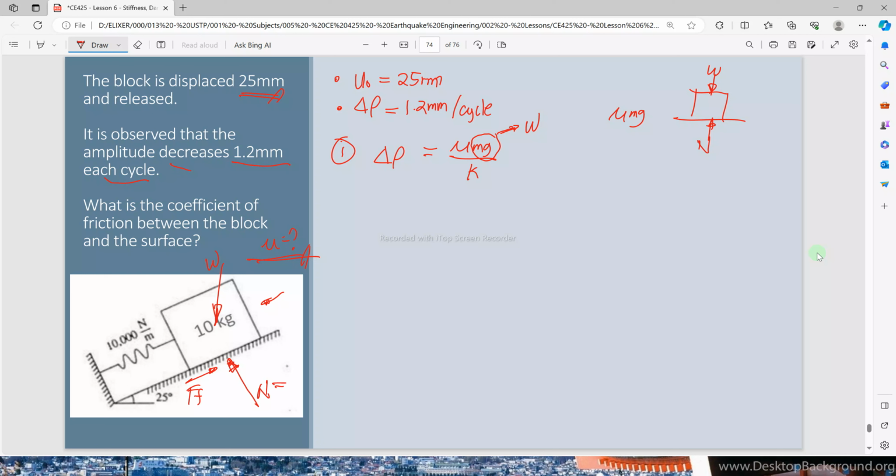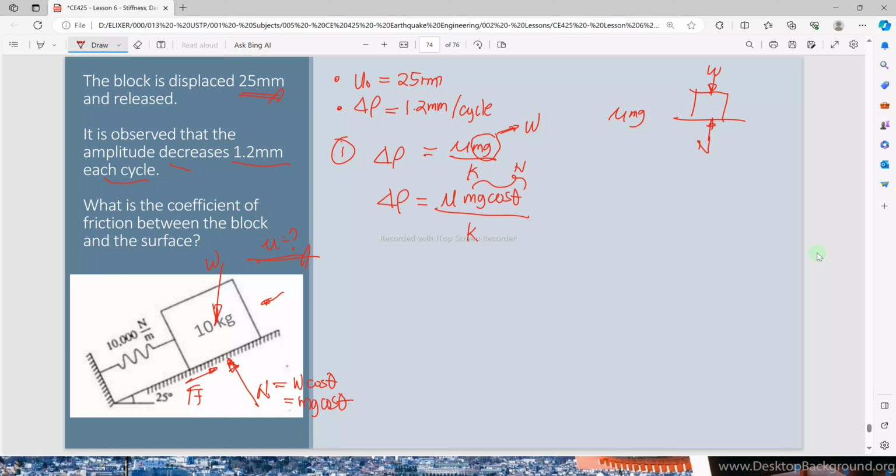That is equal to W cosine theta, or simply mg cosine theta. Since it is an incline, the normal force is equal to mg cosine theta. So this one, this is the normal force over k.